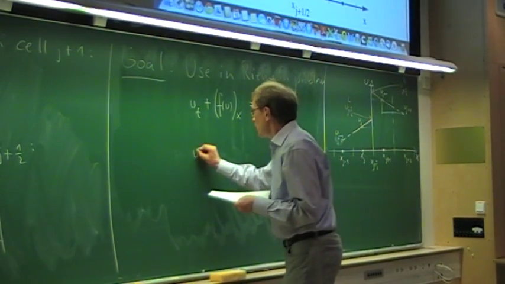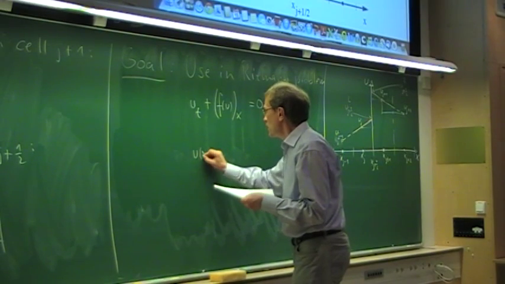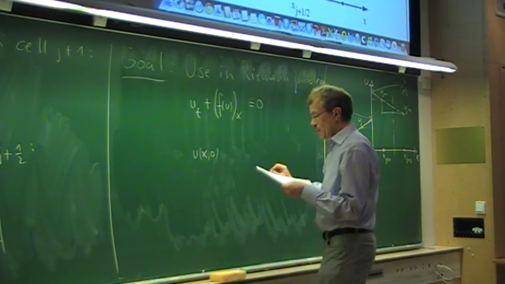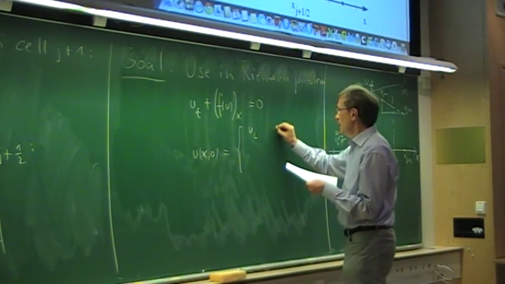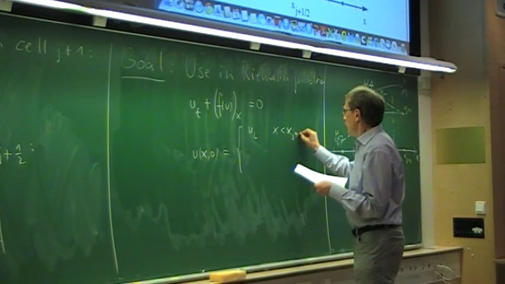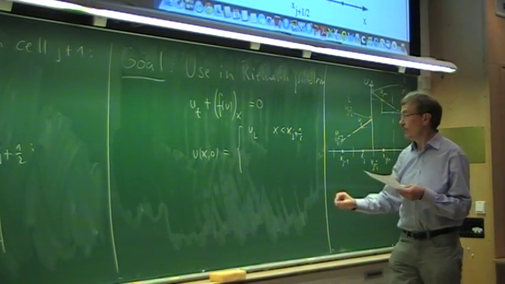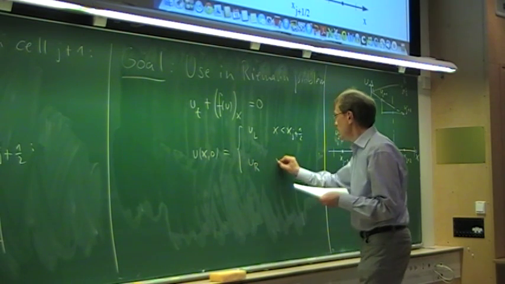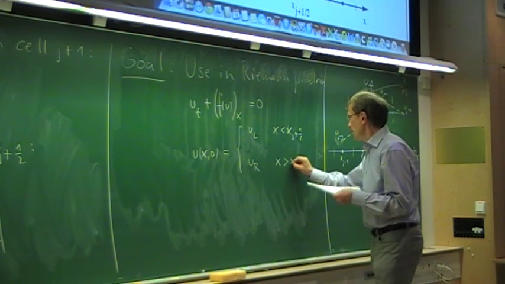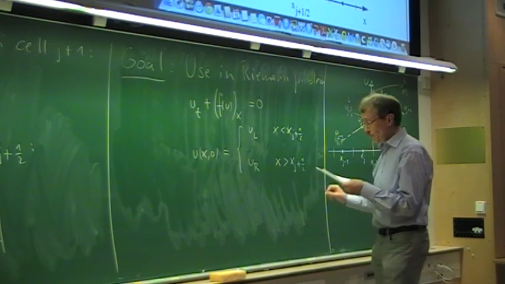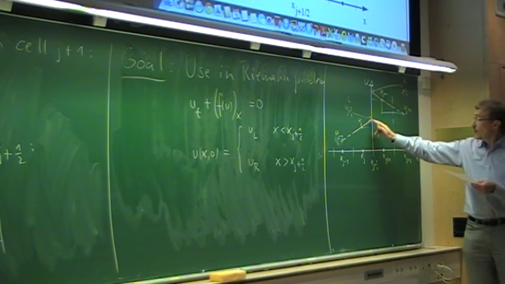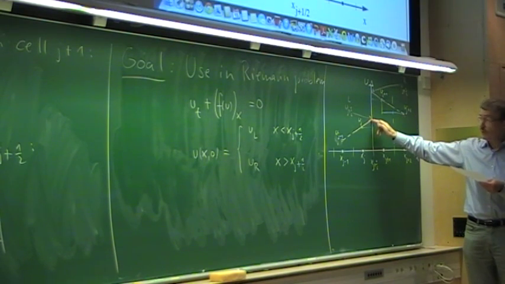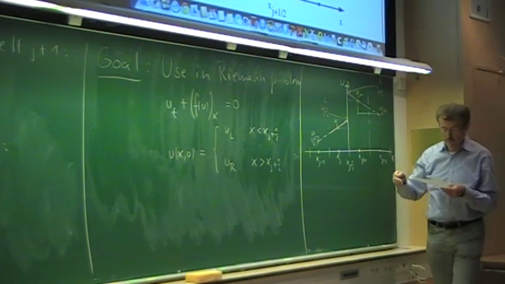And we have a discontinuous initial condition, piecewise constant, and that is a constant u left on the left of the face. We are considering the face j plus 1 half. And we have a condition right for x larger than xj plus 1 half.